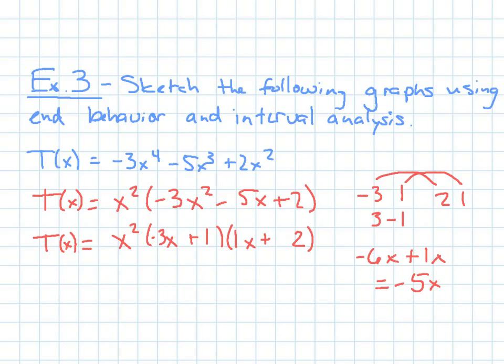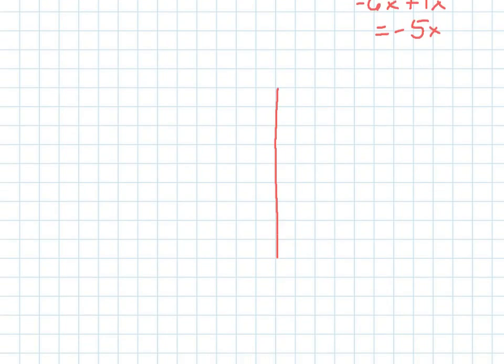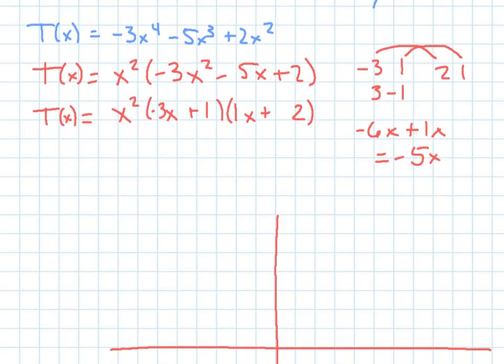So here, now I want to be able to graph this. Now it'd help if I figured out what my x-intercepts were. So here you got x is equal to 0 from this, okay? Because x squared, if you set it equal to 0, square root it, it just gives you 0. For -3x plus 1, just set it equal to 0 if you're not sure.